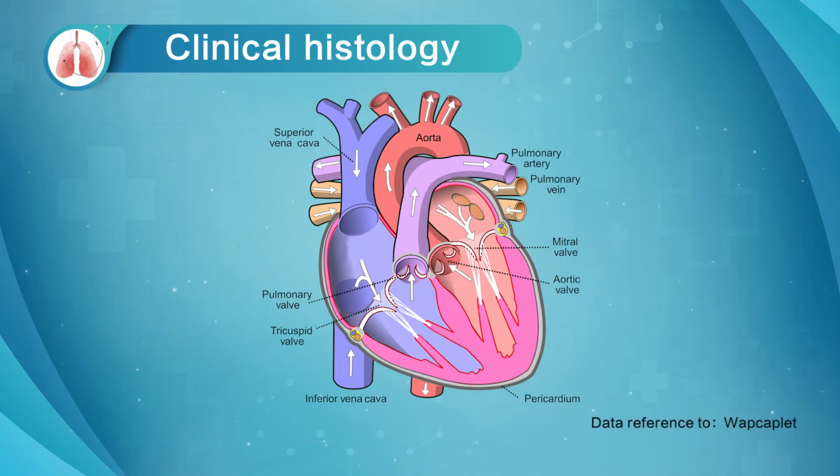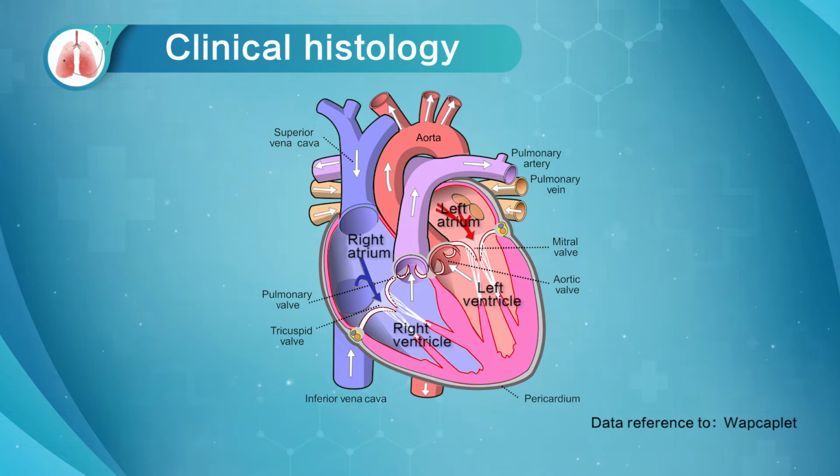As we see in this coronal section, the heart contains four chambers, a right atrium and ventricle, and a left atrium and ventricle. For each side, the top atrium and the bottom ventricle are separated by an atrioventricular valve.